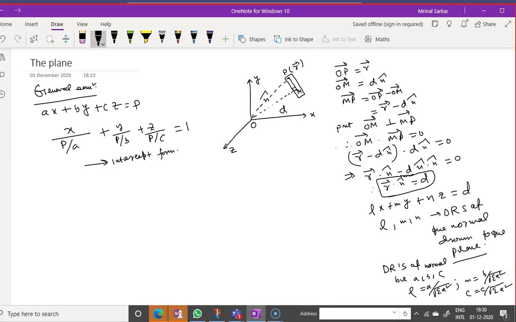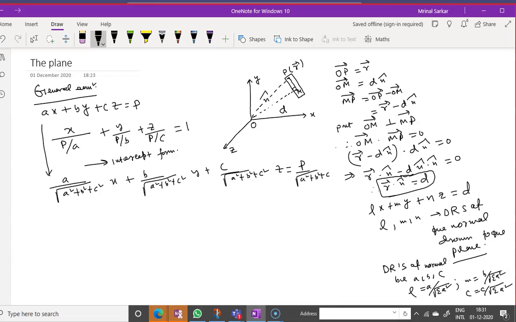And how to get normal form? From here you got this one. But can I get normal form back? Yes, if I divide both sides by root over a square plus b square plus c square, we can take this as lx plus my plus nz is equal to d.